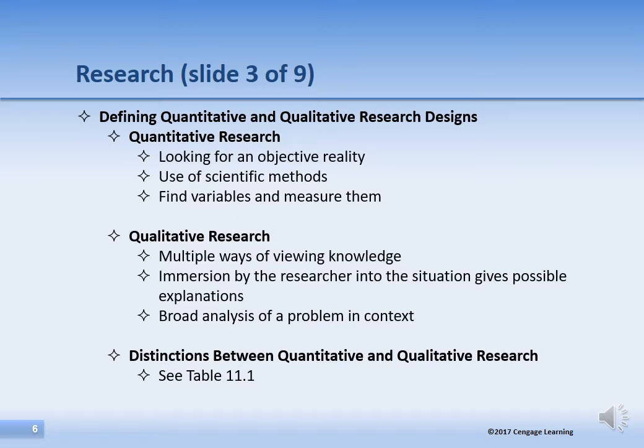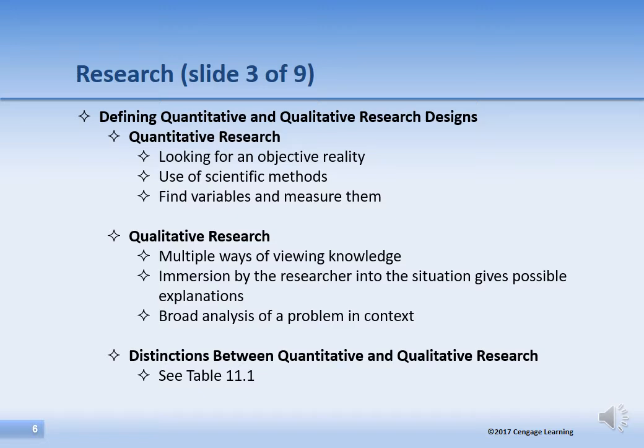Another type of research is qualitative research, and there are multiple ways of viewing knowledge through qualitative research. Many times qualitative research includes immersion by the researcher into the situation, and while they are in that situation, it allows the researcher to give possible explanations for the topic they are researching.